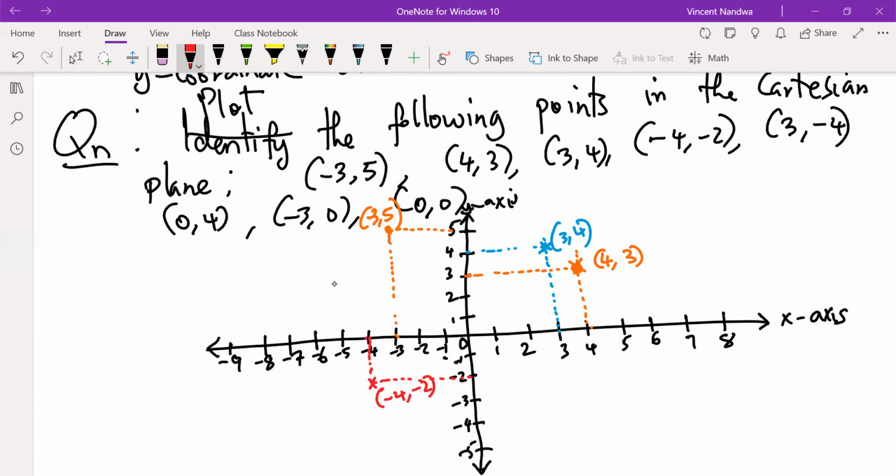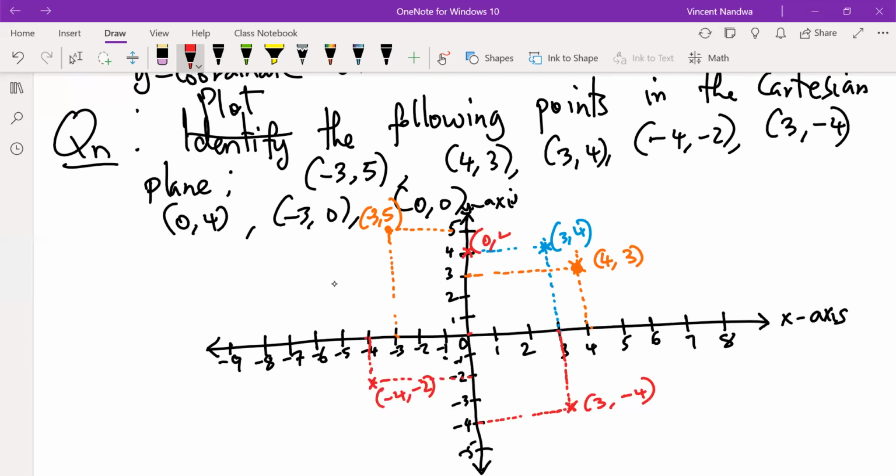And then 3, -4. So 3 along the x, -4 means we go downwards. And then this -4, horizontal parallel to the x-axis. So this is the point 3, -4. Then 0, 4: 0 on the x-axis is here, 4 on the y-axis is at this point.